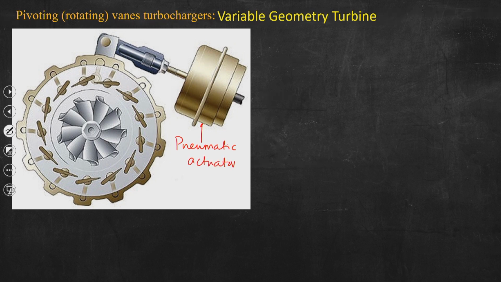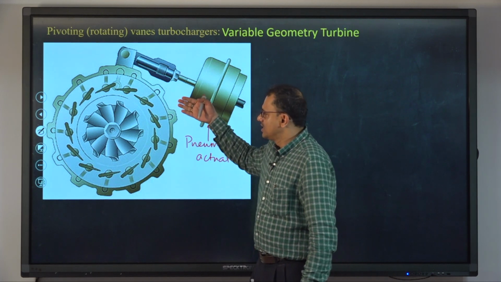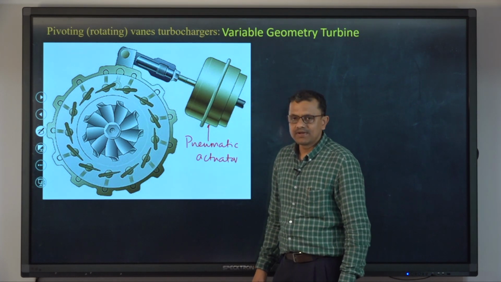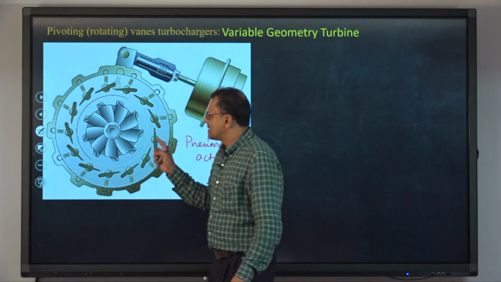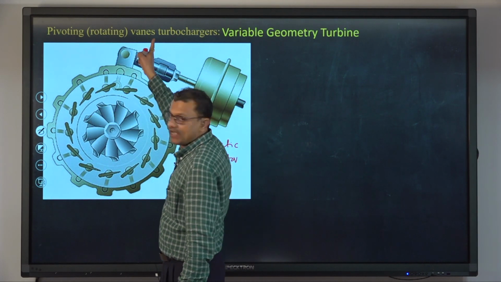If we look at the relatively larger component of this schematic, which is the cross-sectional view of the turbine, you can see that there are a few rotating vents, that is why it is known as rotating vents, pivoting.